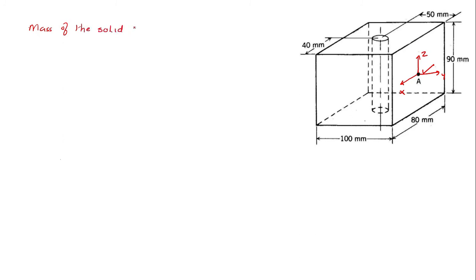Mass of a solid slab, say I name it as M1, that will be equal to, now I am expressing all these dimensions in centimeters. So mass will be equal to the corresponding volume, that is 10 into 8 into 9 multiplied by the density.